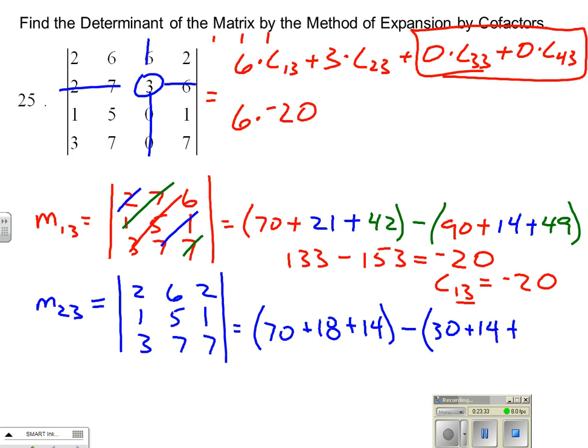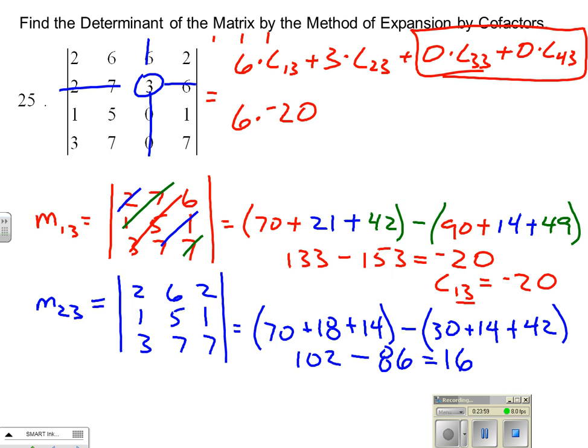And the final one, 7 times 1 times 6, 42. So I get 14 and 18, 32, and 70, 102. Minus, let's see, 14 and 42, 56, and 30, 86, for a value of 16.